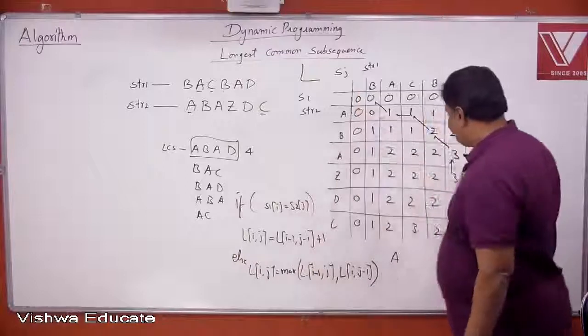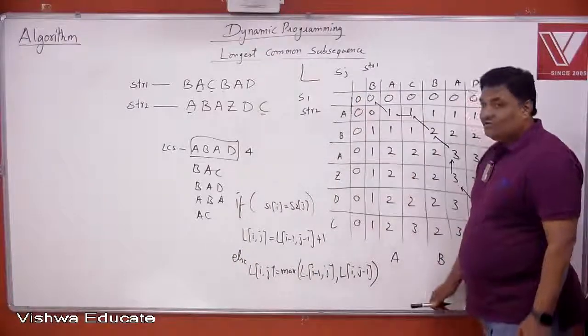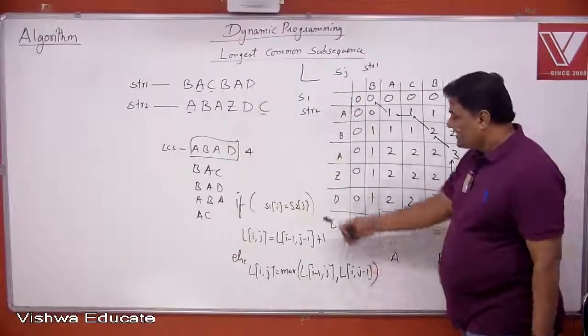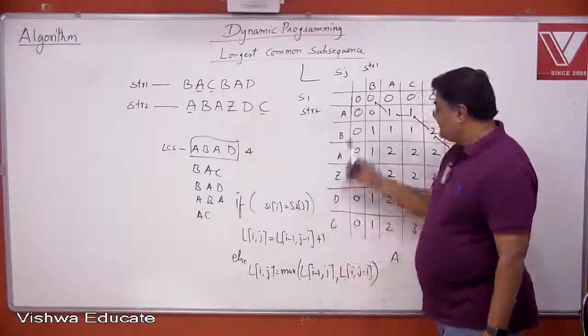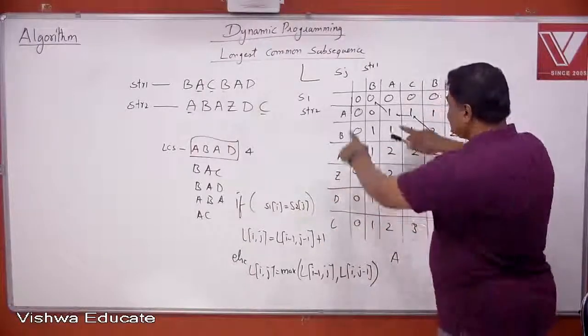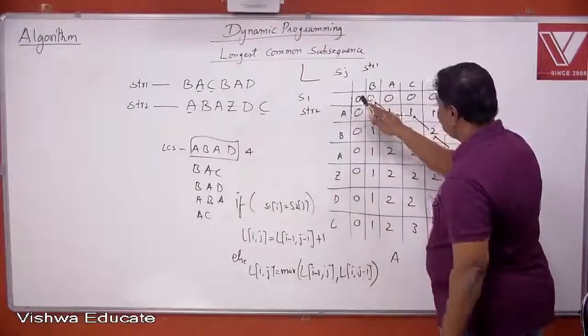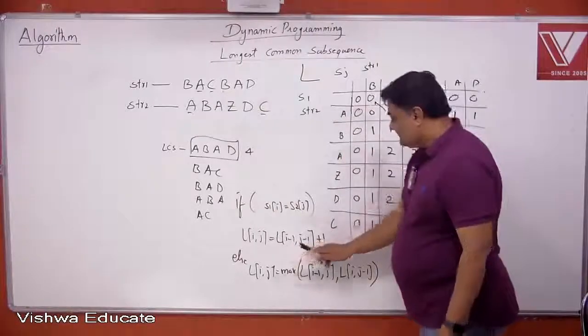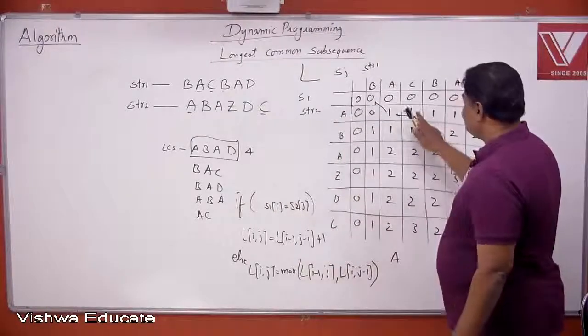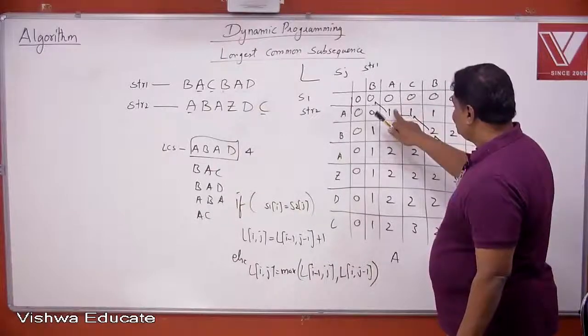And how the table is filled, I have shown you. So you have to copy this one, and then this is the formula by which we have filled this one. How we check this? If this is matching, then this diagonal one, then plus one. If this is not matching, then take either this or this, whichever is maximum.